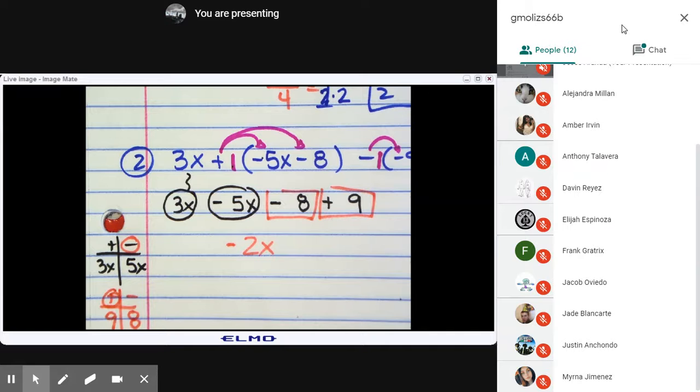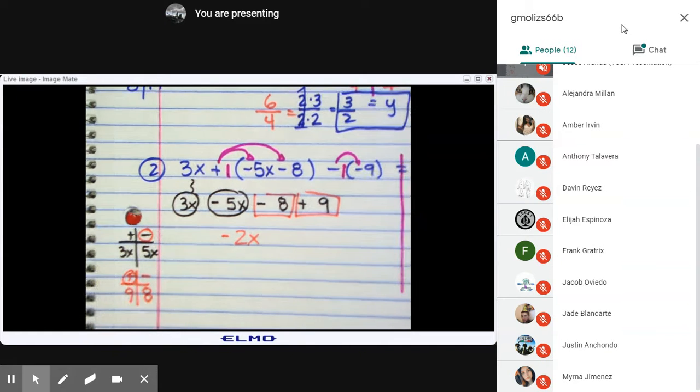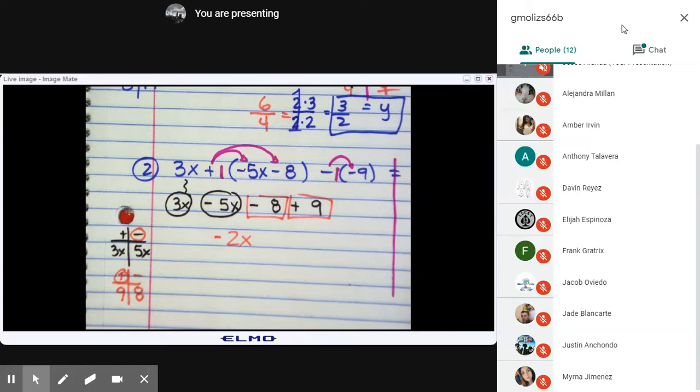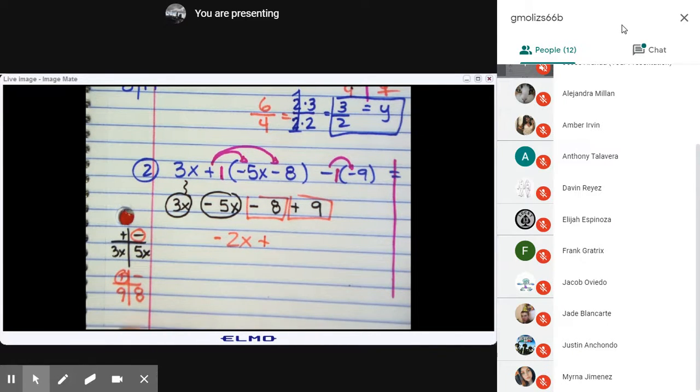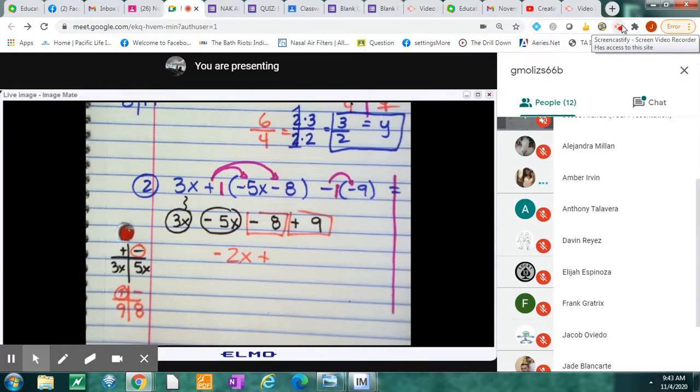Oops, sorry. Positive wins, Amber. I know you said you didn't know. So on this one, it's going to be positive, but they're not together, right? So then you have to subtract. So what's 9 take away 8, Amber? 17. No, 9 take away 8.